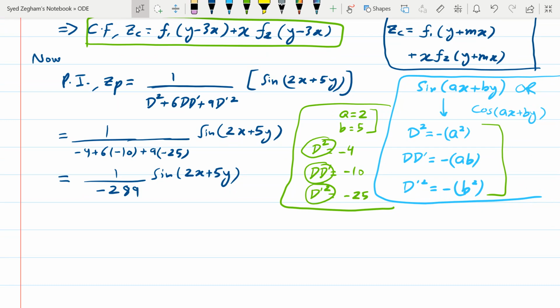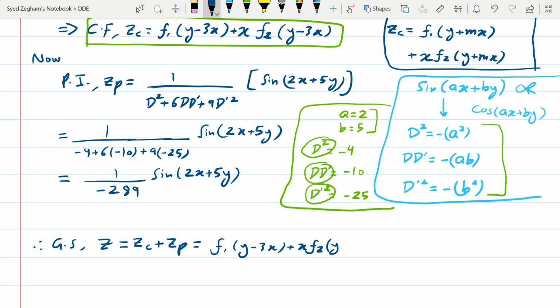And now we are in a position to write our final answer, that we call the general solution, Z you can say, which will be equal to ZC plus ZP. So this gives us ZC, that is F1 of y minus 3x plus x times F2 of same thing, y minus 3x.